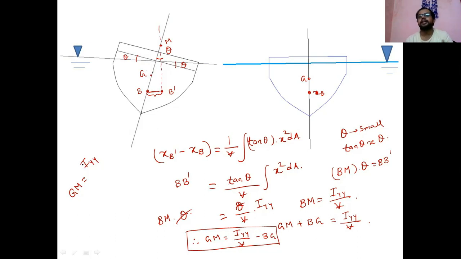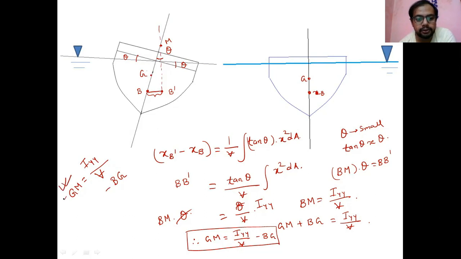So Iyy is the second moment of area of the floating area about the rotational axis, divided by the volume of the liquid displaced by the solid, minus BG, the distance between the center of buoyancy and center of gravity.